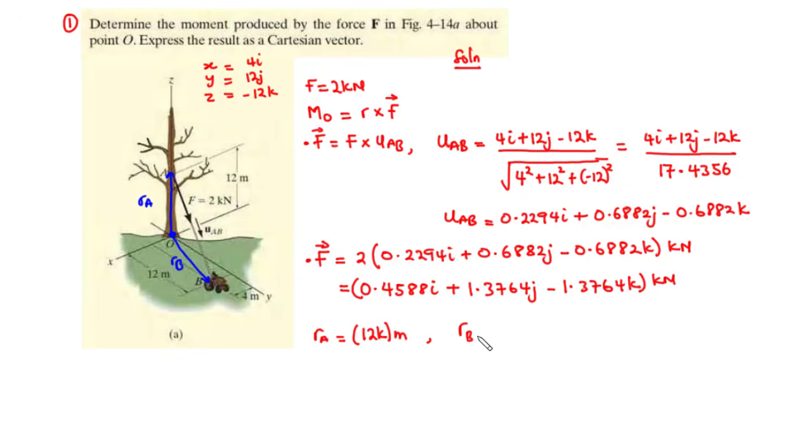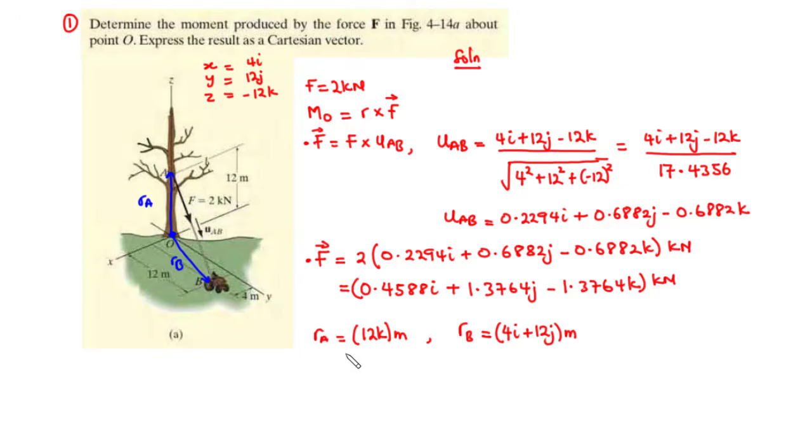And for RB, we move from point O to B. First we move along the x-axis, that is 4 meters, and then along the y-axis, that is 12 meters. In all cases, we moved away from point O, so we obtain positive values. So we have 4i plus 12j, and notice that this is in meters.